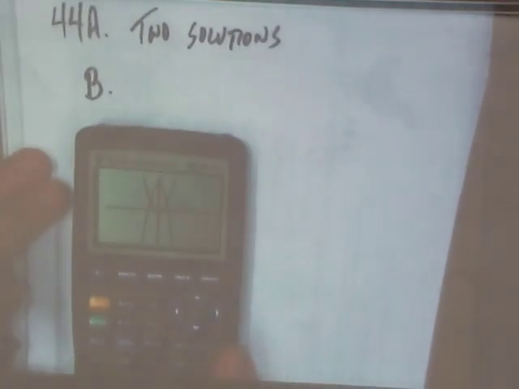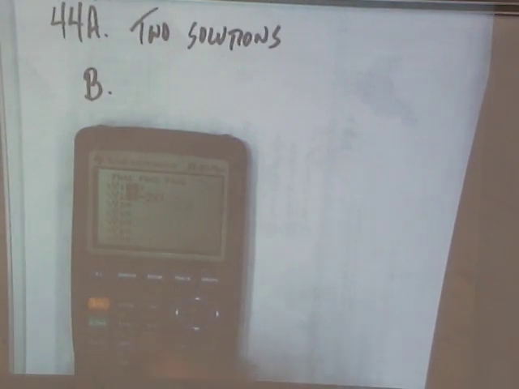All right, B. X squared minus 2x minus 5. And then 5x plus x squared. What do you think? How many solutions? I like 1. Anybody disagree?